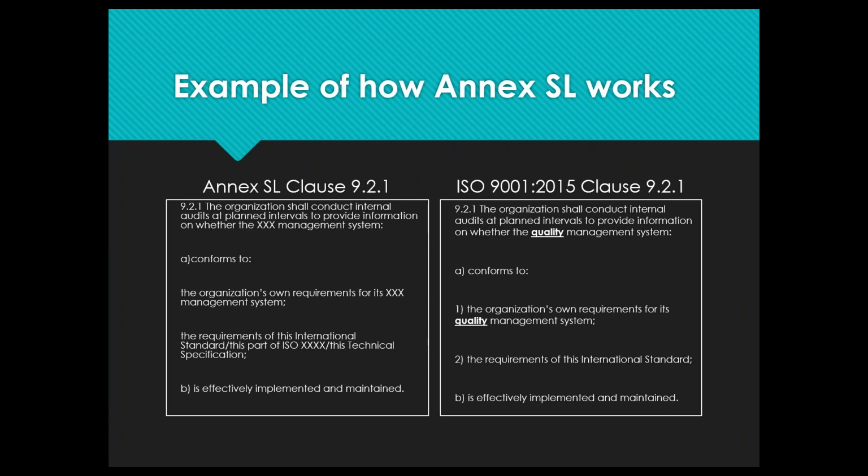Well, obviously for ISO 9001, we're going to fill in those X's with quality. So the X's become quality in ISO 9001, and you'll also note the verbiage for subclause 2, the requirements of this international standard. You can see how Annex SL provides the framework, and then when you write the actual standard, we fill in that common verbiage.